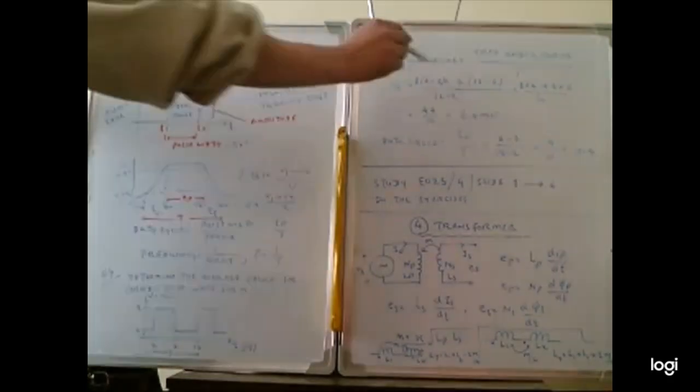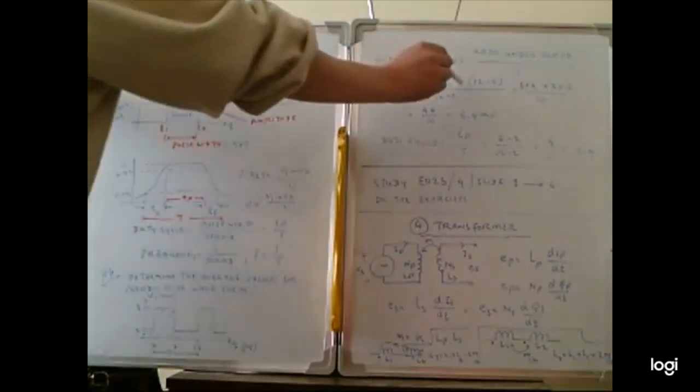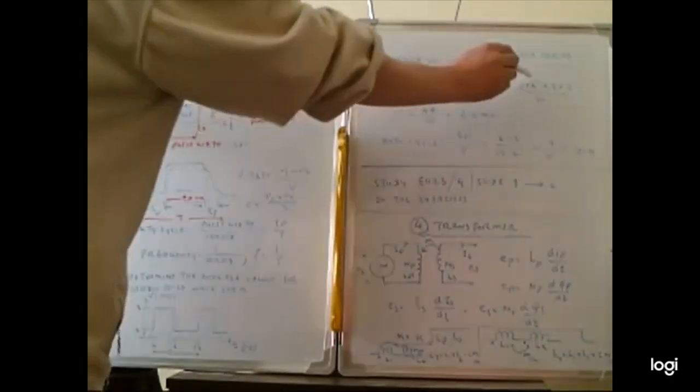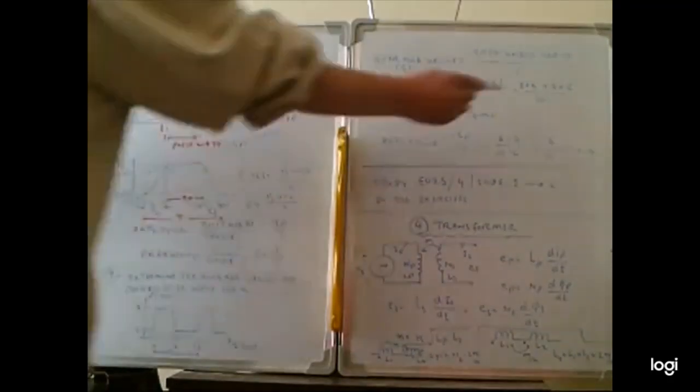This rectangle's height is 2. And this is 8 minus 6 minus 2. Period T is 12 minus 2. So you call it 10.